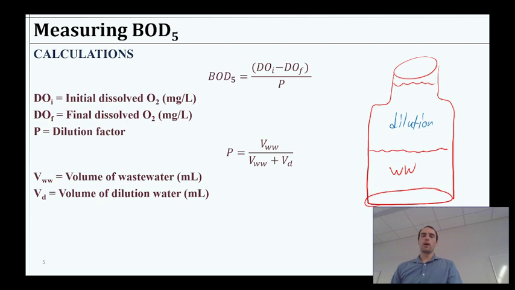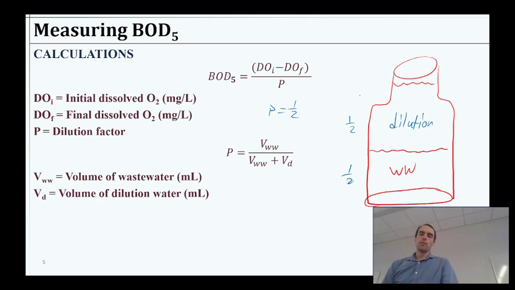We'll talk about what happens if we need to add some bacteria next time. But for this case, we have the wastewater and the dilution mixed together. I'm just showing them separate so you can conceptualize it. Let's say this is 1/2 and this is 1/2, right? So then P is 1/2 because the P is just going to be the fraction of the total that is wastewater, right? Half of this is wastewater, so P is 1/2.